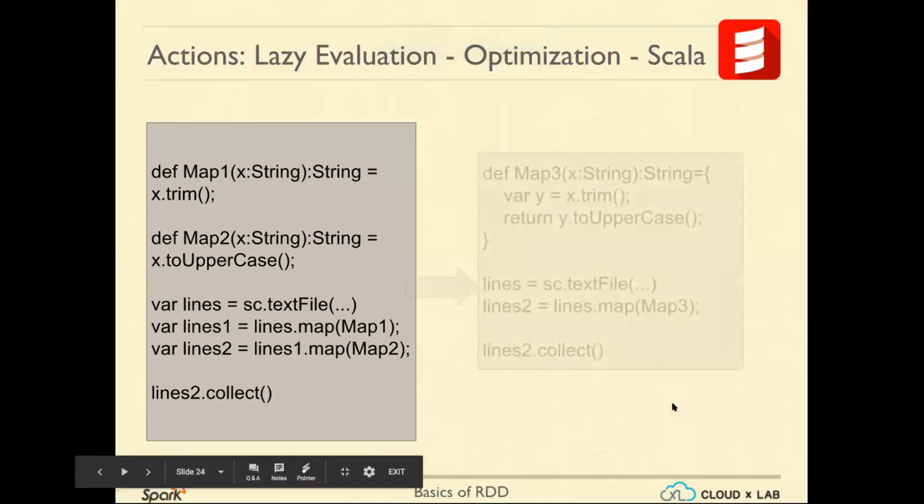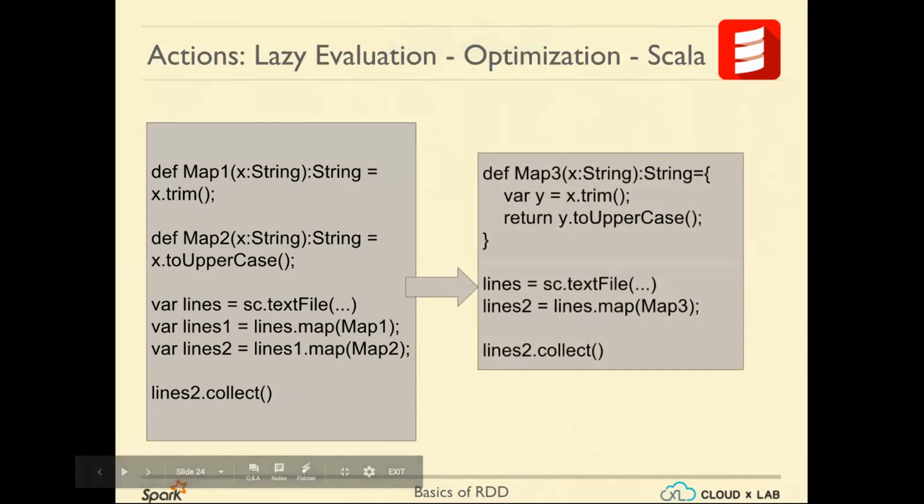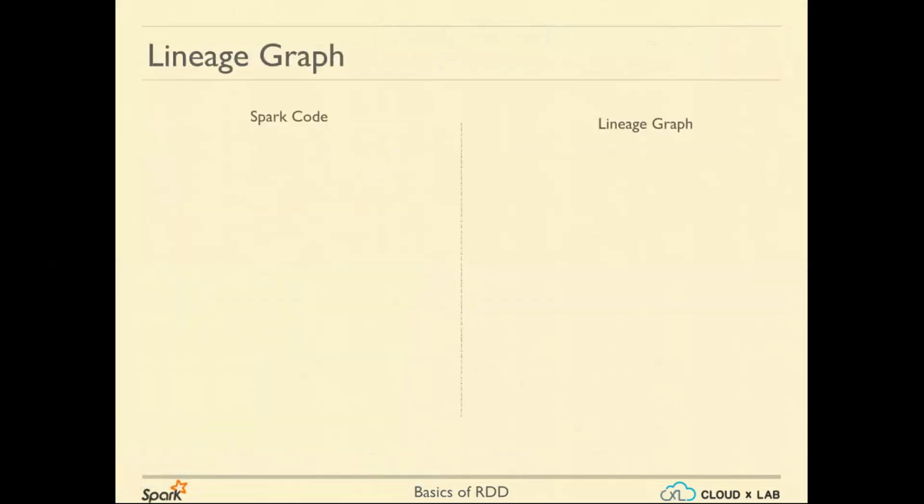All right, so now you can get the idea of what kind of optimization Spark is doing for you. Let's take a look at something called lineage graph. When we are defining these transformations, under the hood Spark is preparing this lineage graph.